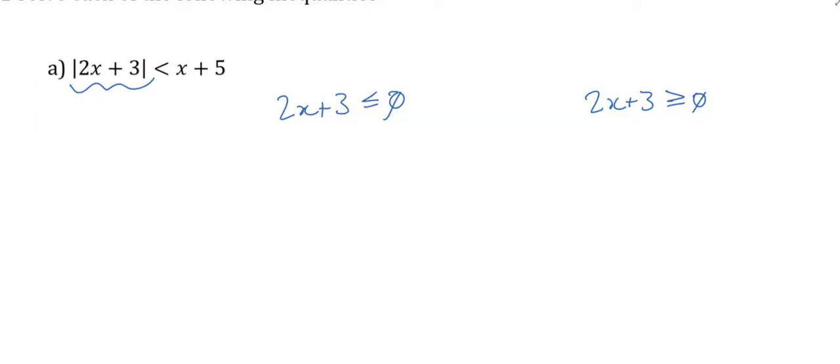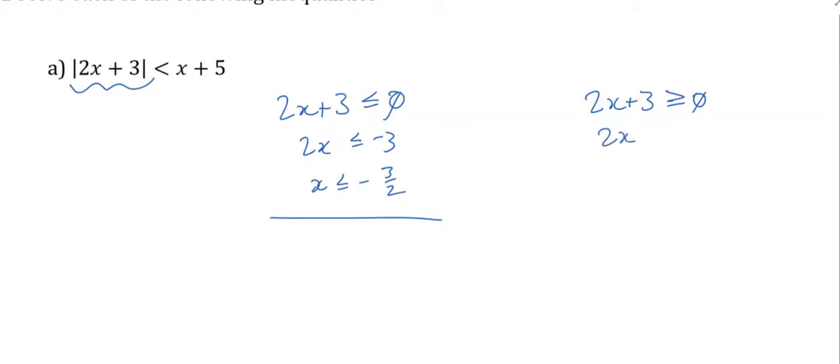And the important part of that is for when we interpret our solution. So I have to solve these little things. Case 1, the argument is less than 0, occurs when x is less than or equal to -3/2. Case 2, when the argument is greater than 0, occurs when x is greater than or equal to -3/2.